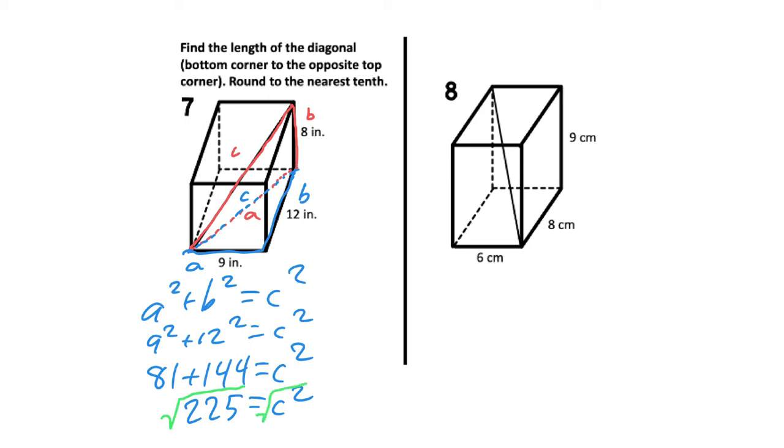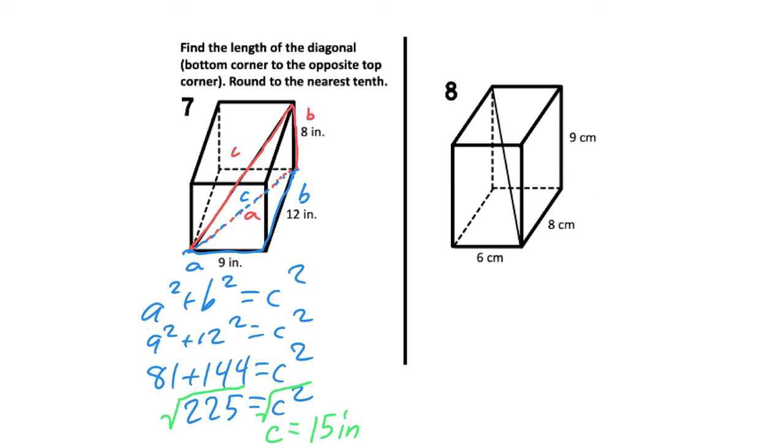In order to find our hypotenuse, we need to find c, or the square root of c squared. So the square root of 225 is 15, and we now have the base of our 3D triangle.